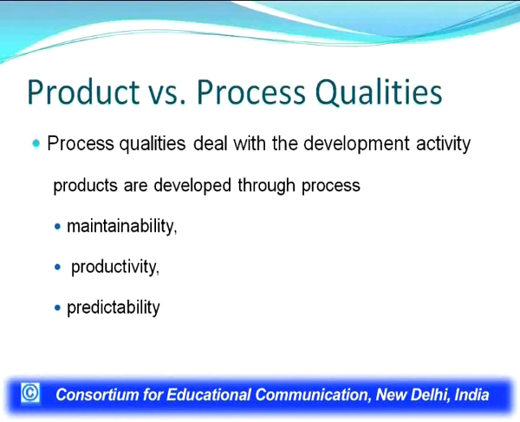And another important thing is predictability also, because when you are developing a software, a lot of different things come into the process. In that way, what kind of things can be predicted, or what kind of other modules can be done, or different activities can be done, those will come into the same process.